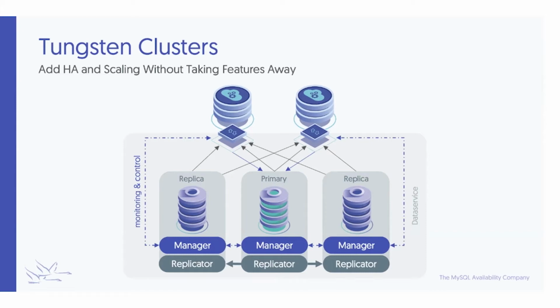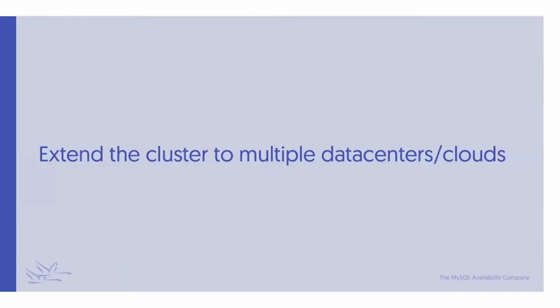We also have the manager, and that's the orchestration piece. So as I mentioned before, the Tungsten cluster is a package where everything is included. You don't need any additional scripts or DIY components, because the manager handles that with its orchestration. So let's see how we can leverage a Tungsten cluster and extend it to multiple data centers and clouds.